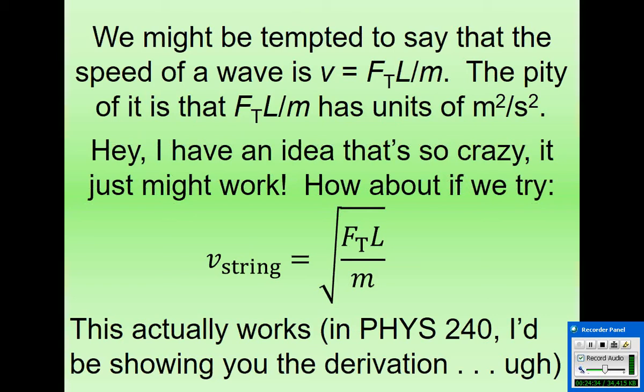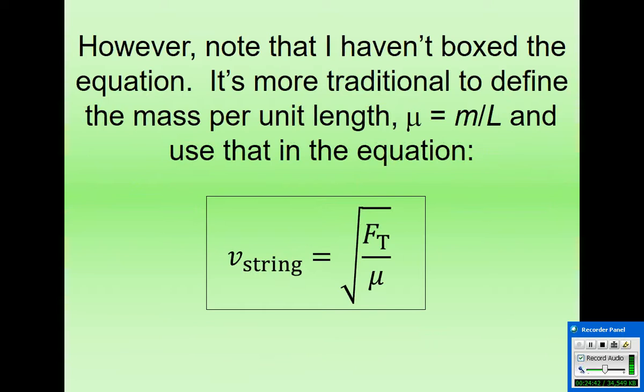This, however, is not the formula I would recommend be on your formula sheet for the next exam and for the final exam. Rather, we tend to characterize strings by a property, the mass per unit length. How many kilograms per meter is this string? You might use only 30 centimeters, but you're going to be given the property of kilograms per meter.